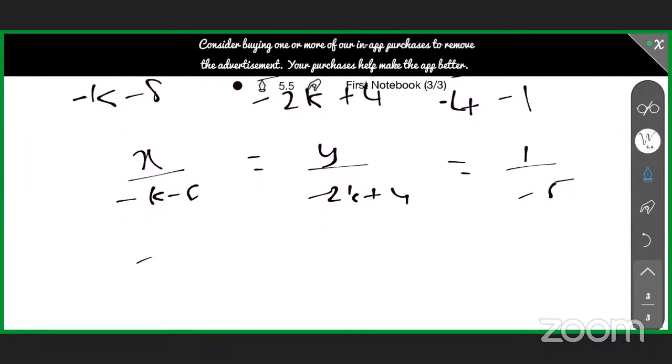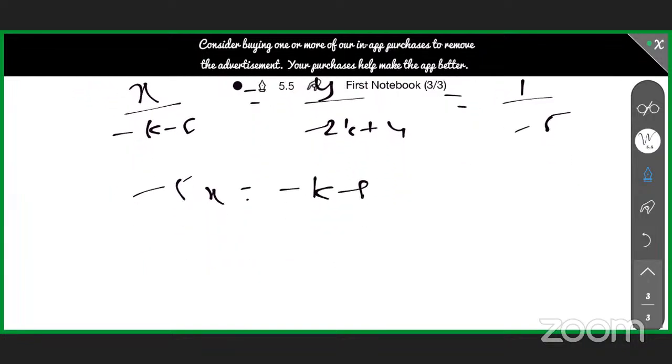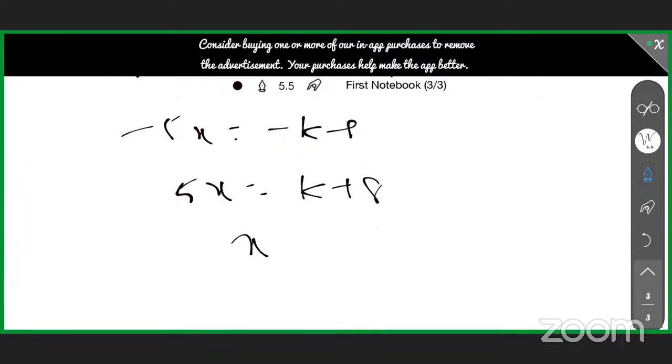To simplify, minus 5x is equal to minus k minus 8. Therefore 5x is equal to k plus 8, so x is equal to (k plus 8) by 5.